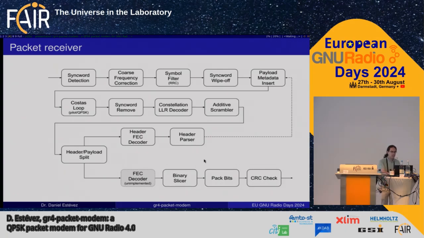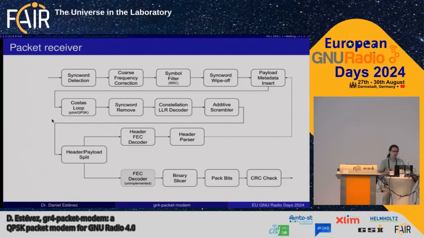And once the header is decoded, we have this header parser, which is interpreting the information in the header, making a message with packet length, modulation, packet type, whatever, sending it back to the payload metadata insert, which is blocking. It's not sending any of the payload symbols downstream, but when the message comes here, then it can add the tag onto the output stream and begin sending the packet payload. So that's how it works.